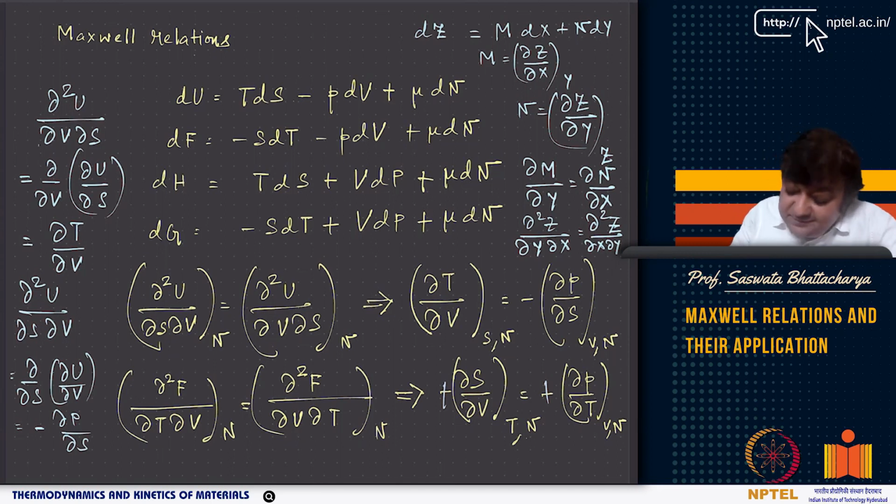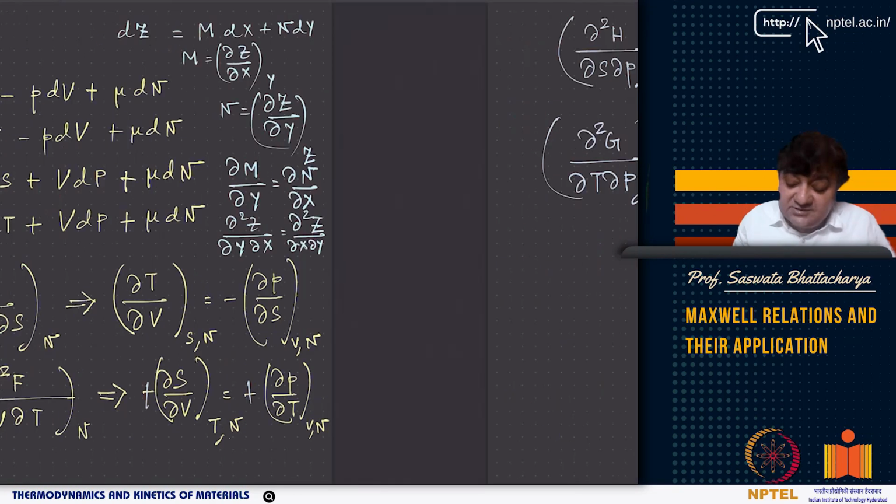We replace del F del T by minus S, and del F del V by minus P. All these relations come from equating the second derivatives. If the order does not matter, then del V of del U del S or del S of del U del V are the same, and del U del V we replace by minus P, and del U del S by T. So we get these very useful relations, right?